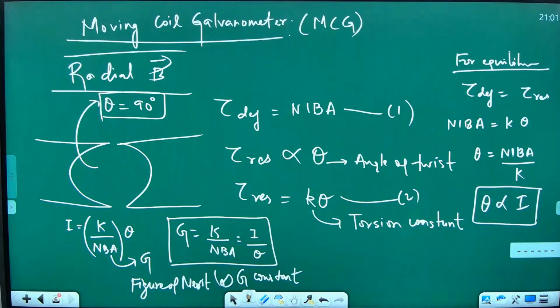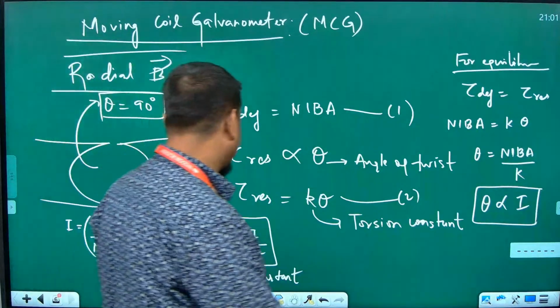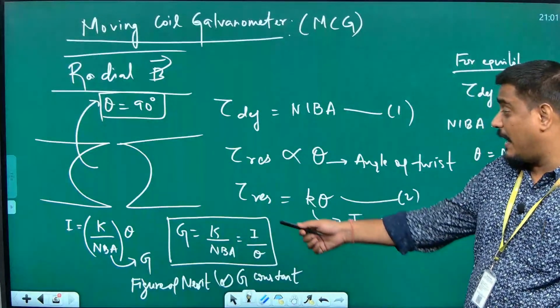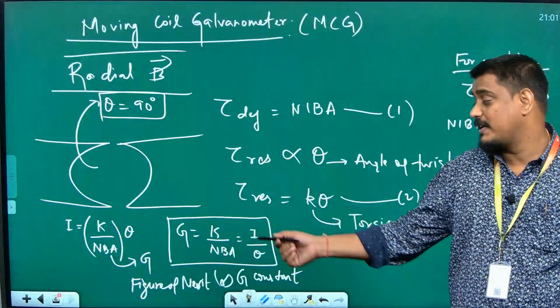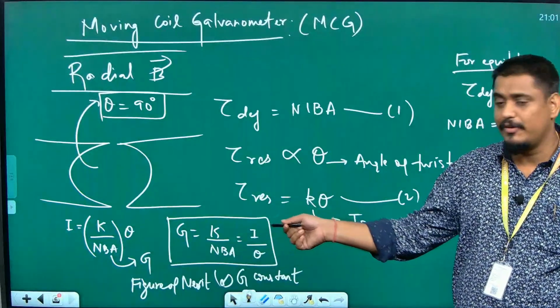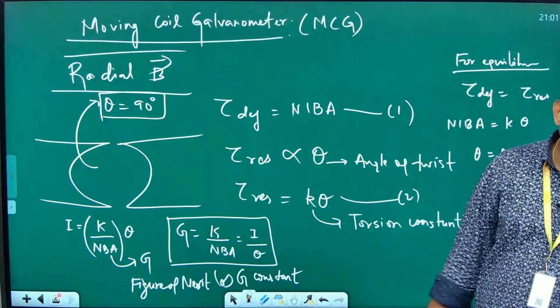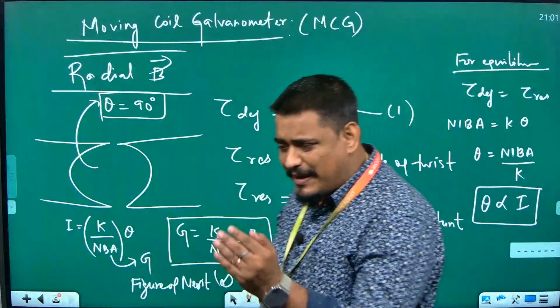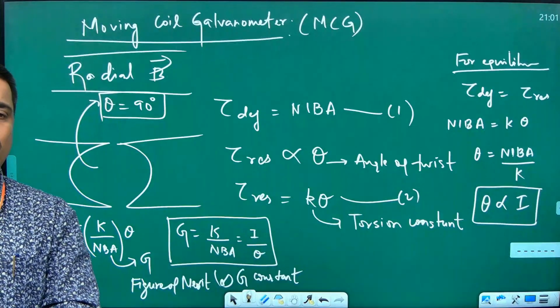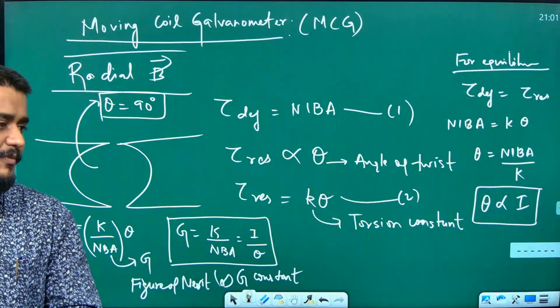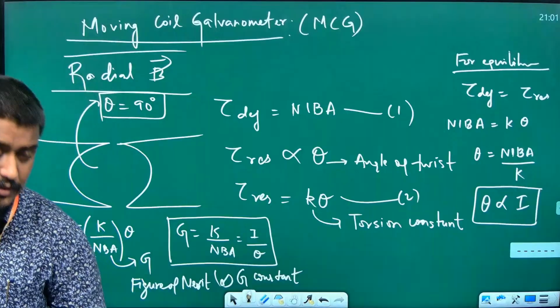So if they ask you what is figure of merit, what you should write? Current per unit angle of twist is called figure of merit. Or if they ask you what is galvanometer constant, current per unit angle of twist. Are you getting a point? So I by theta is also called galvanometer constant or figure of merit. It comes in the exam also.